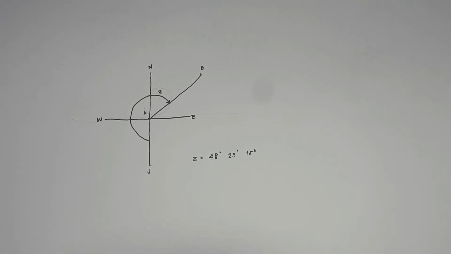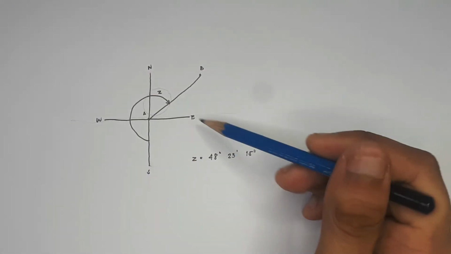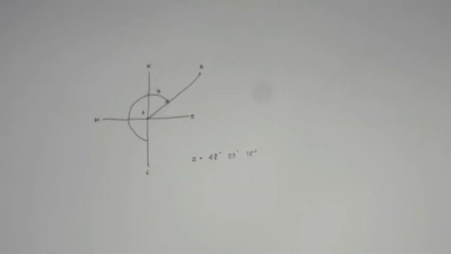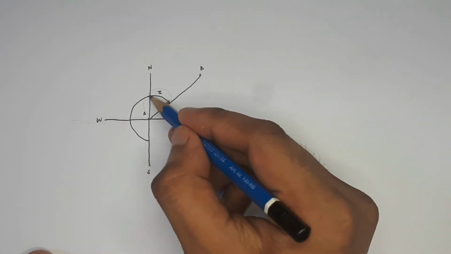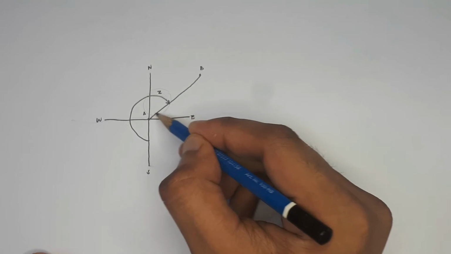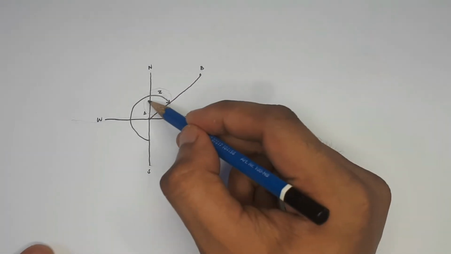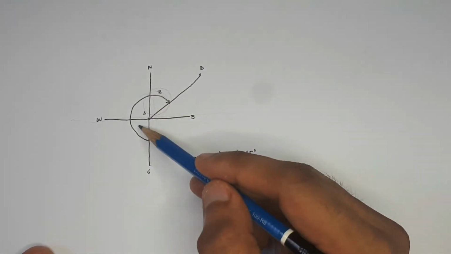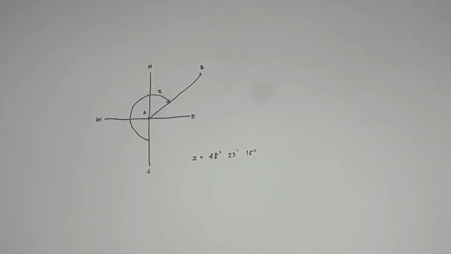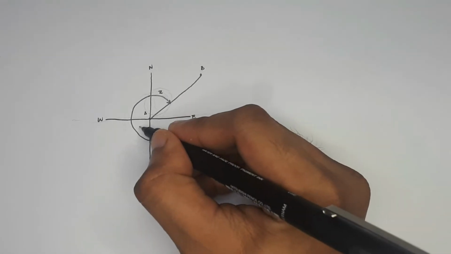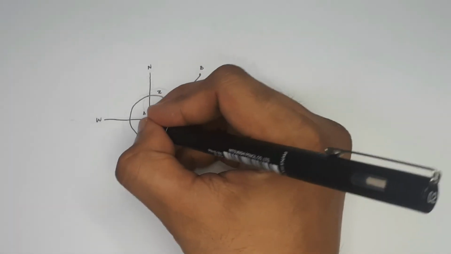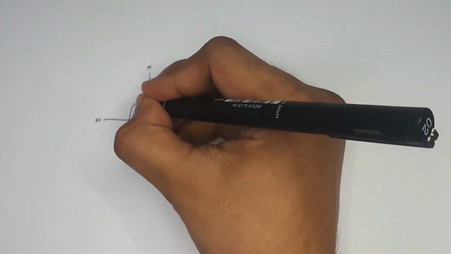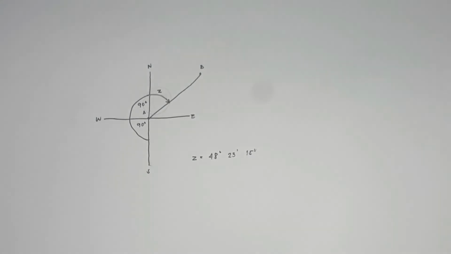So for this example, we are to find the total azimuth, so this one. Since this angle here is already given, all we have to do is find this angle right here and then add them both to get our total azimuth. So since this is one quadrant, this will be 90 degrees, and this also is one quadrant, so this will also be 90 degrees.